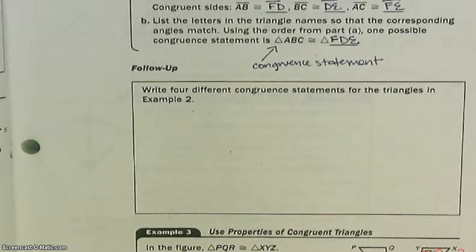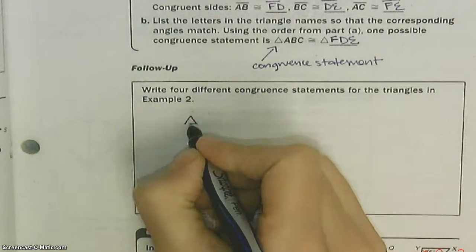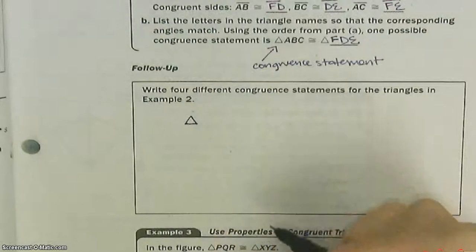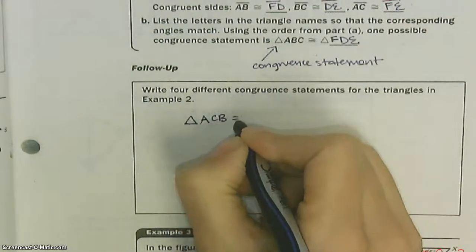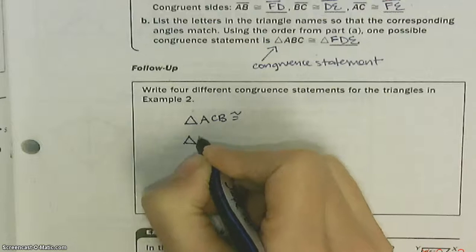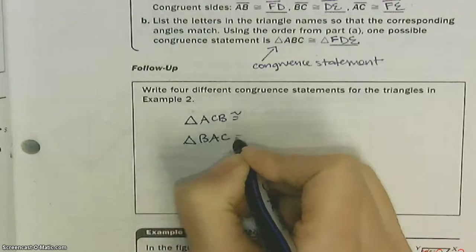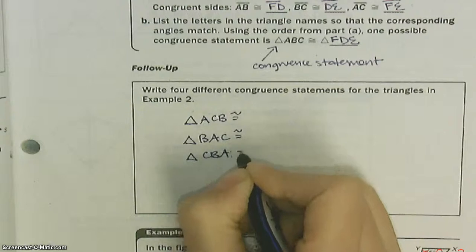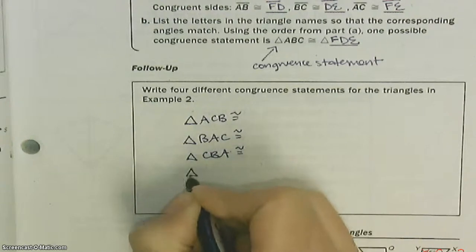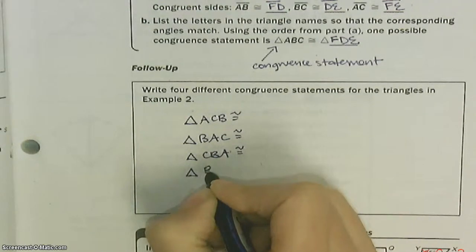The follow-up says write 4 different congruent statements for the triangles. All right, I'll start it and I want you to finish it. We already did triangle ABC, so let's do triangle ACB, triangle BAC, triangle CBA, and triangle BCA.